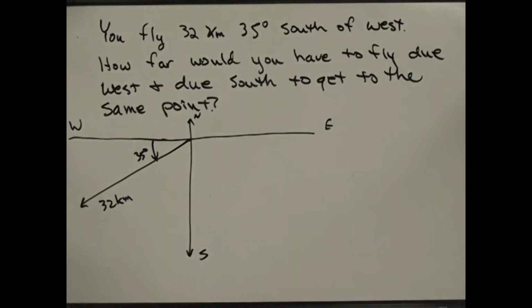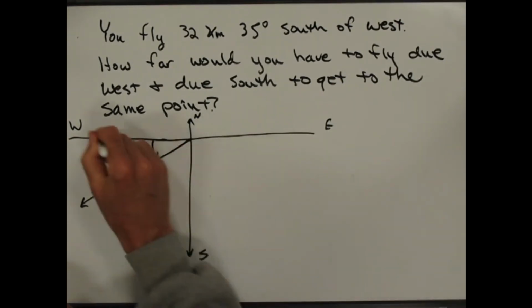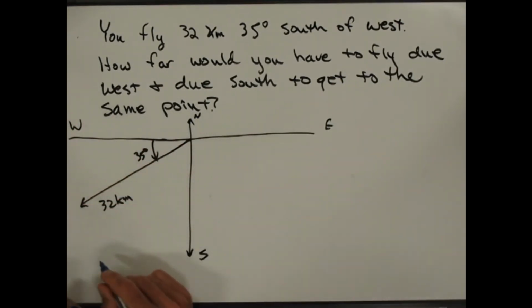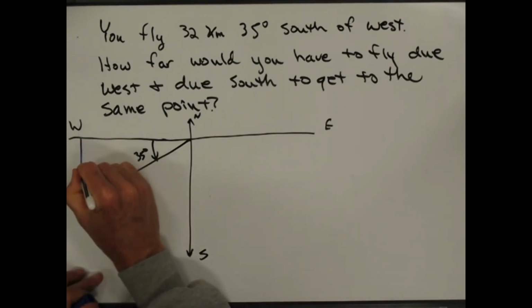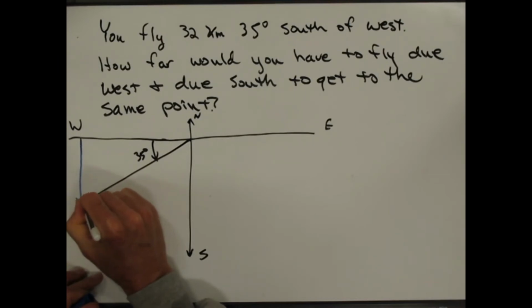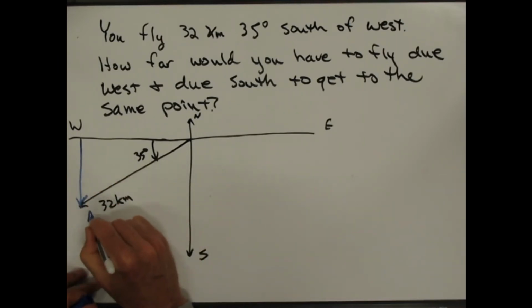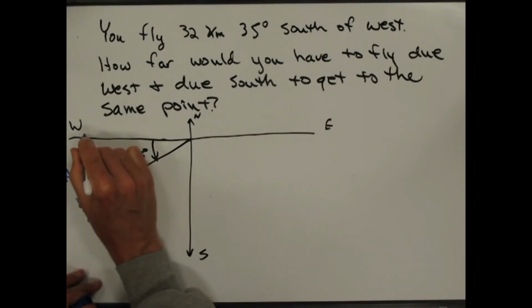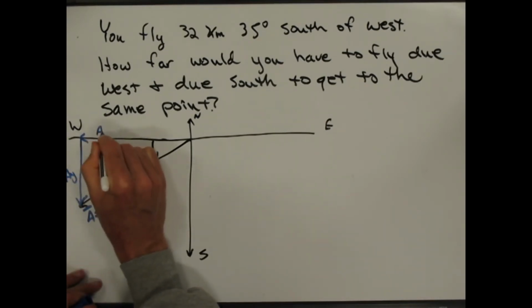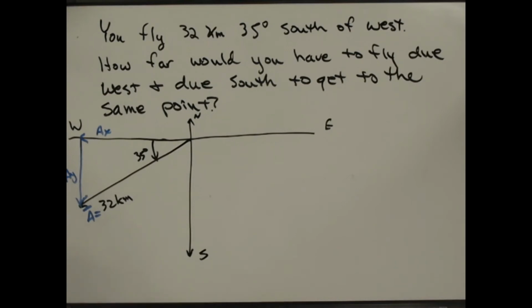And so they're asking us, how far would we have to go this way, then this way? If you think about that for a minute, what they're really asking about is the components of this vector. If I call this vector A, then this is AY, and this is AX, right?